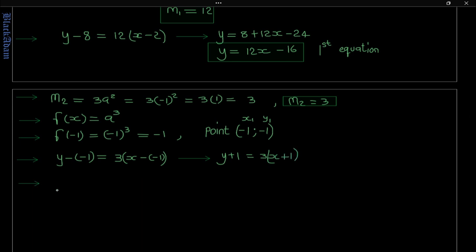Then our equation will be y equals, and positive 1 to the right is -1, and then plus 3x, 3 times 1 is 3, plus 3. So we have y equals 3x, that plus that is going to be plus 2. So y equals 3x plus 2, and that gives us our second equation, and that's our final answer.